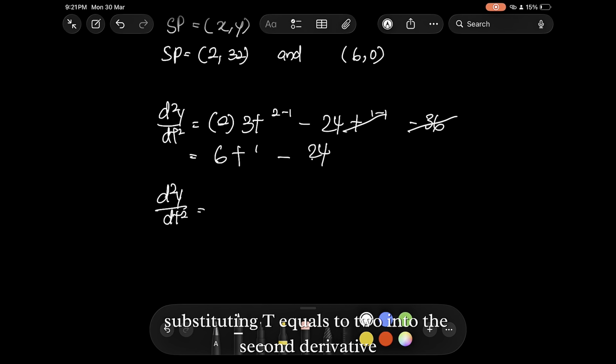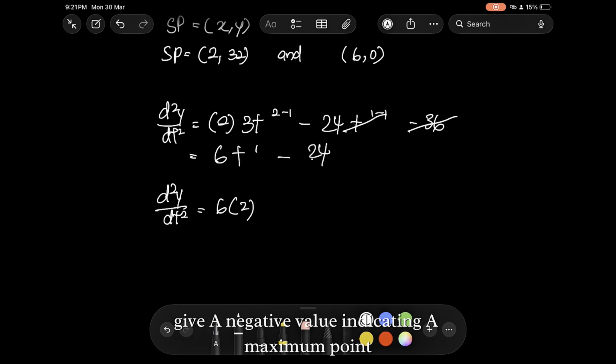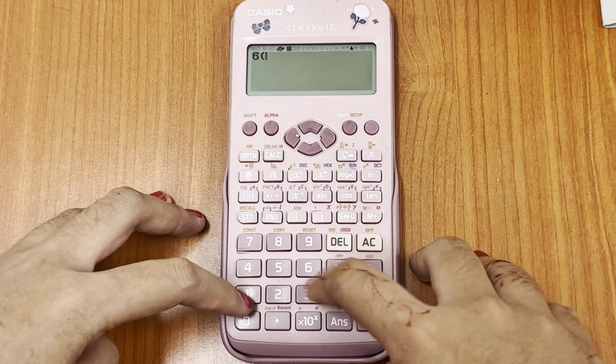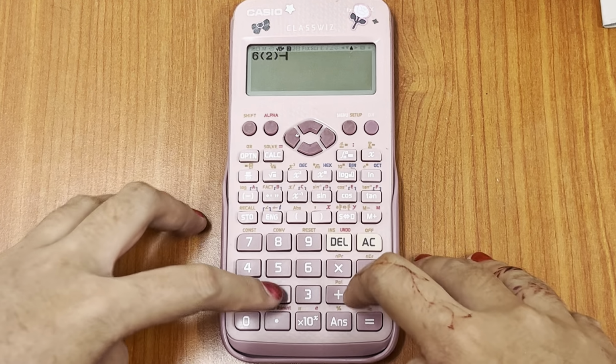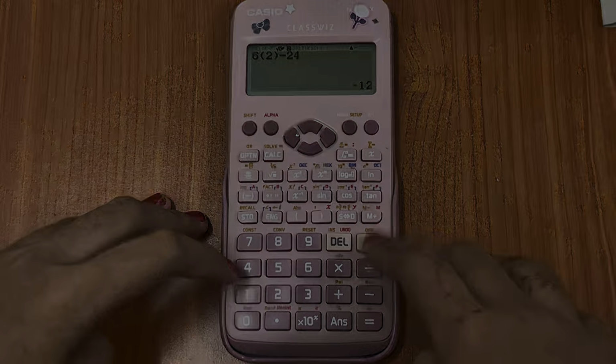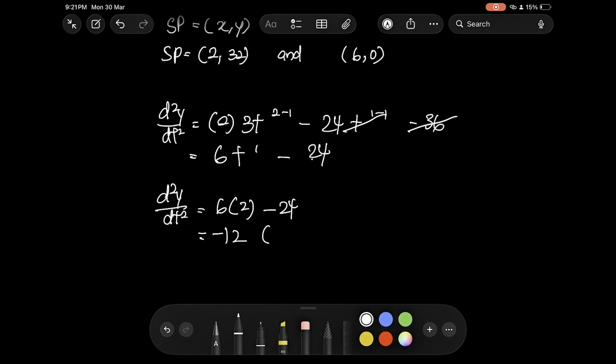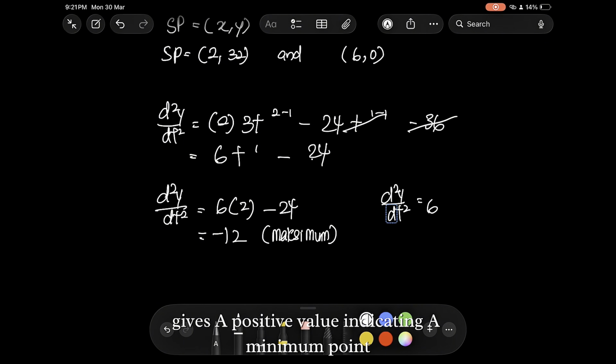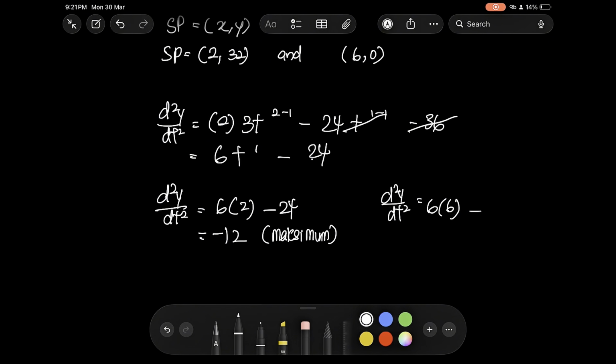Substituting t = 2 into the second derivative gives a negative value, indicating a maximum point. Substituting t = 6 gives a positive value, indicating a minimum point.